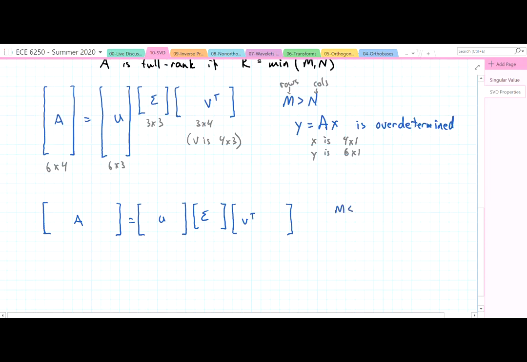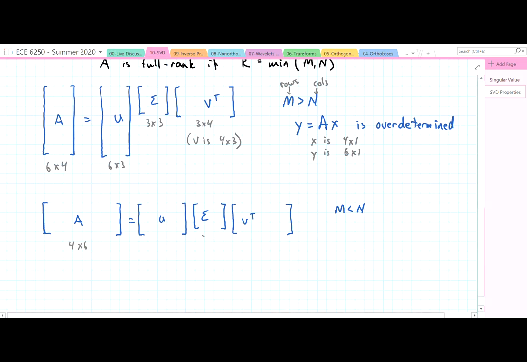So if we have m less than n, actually, let's just put numbers to this. Let's put 4 by 6 just for kicks.